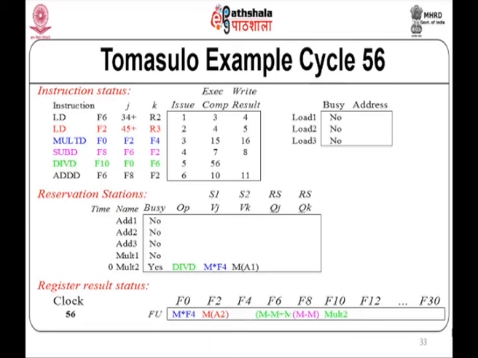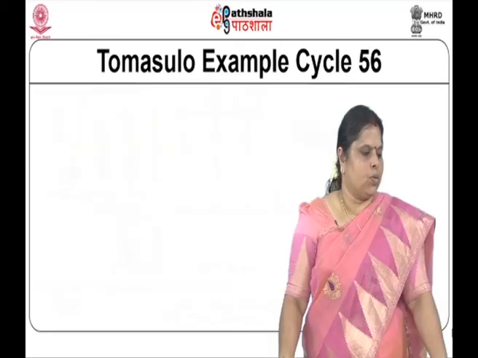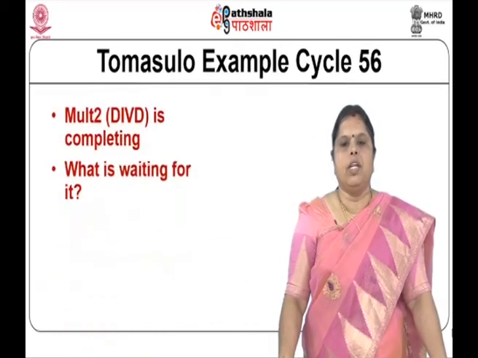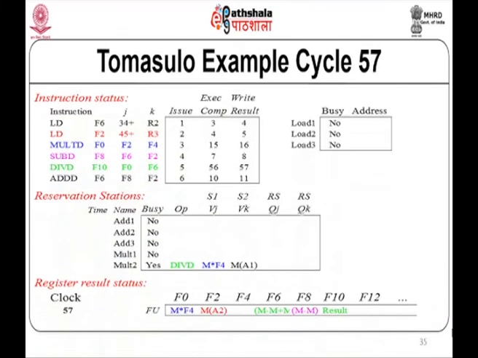So, starting from the 17th clock cycle, because mul finishes in the 16th clock cycle, divide starts executing in the 17th clock cycle and remains in execution for 40 clock cycles. In the 57th clock cycle you have divide finishing. So, this is the complete status of all the instructions.